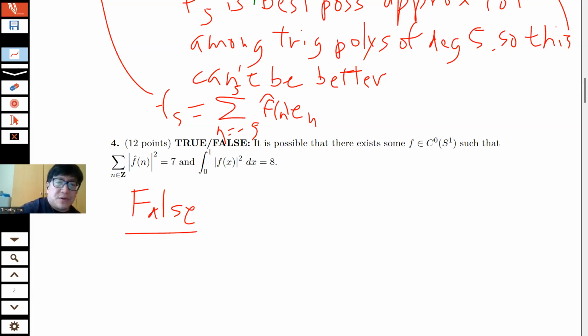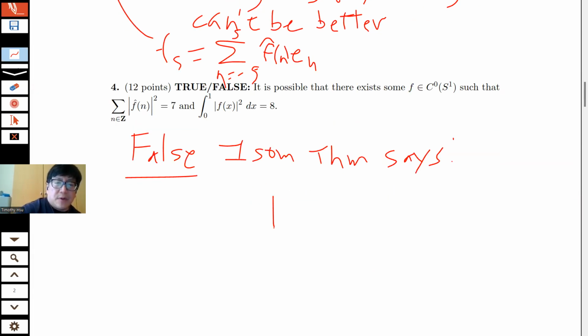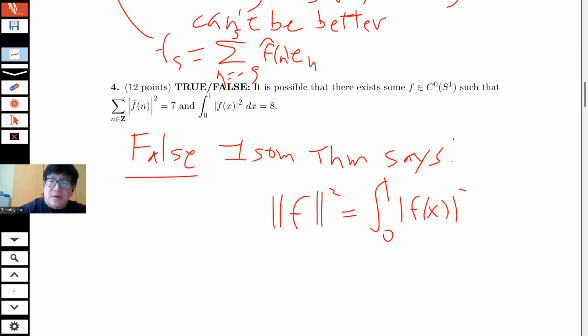So the isomorphism theorem for Hilbert spaces says that there are 2 different ways of computing this. It's like that summation thing we did in class where we computed the norm squared of f in 2 different ways. One is by definition, and the definition of the squared norm is the integral of the square of f from 0 to 1.